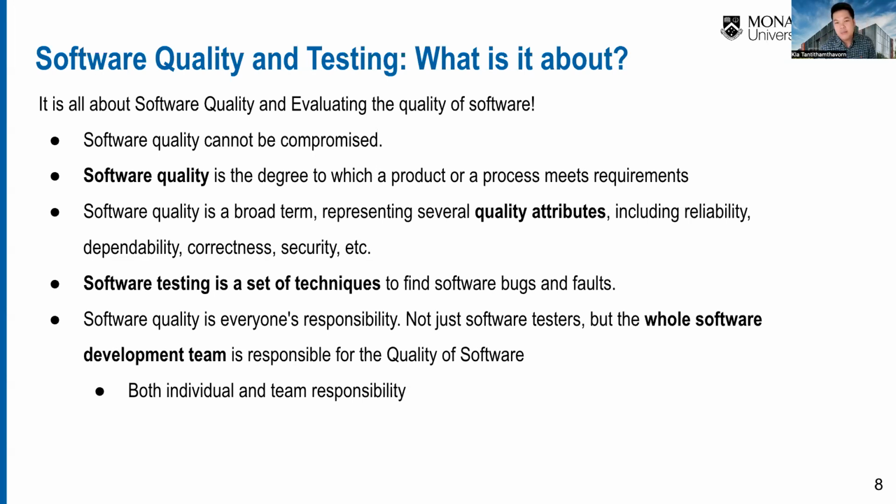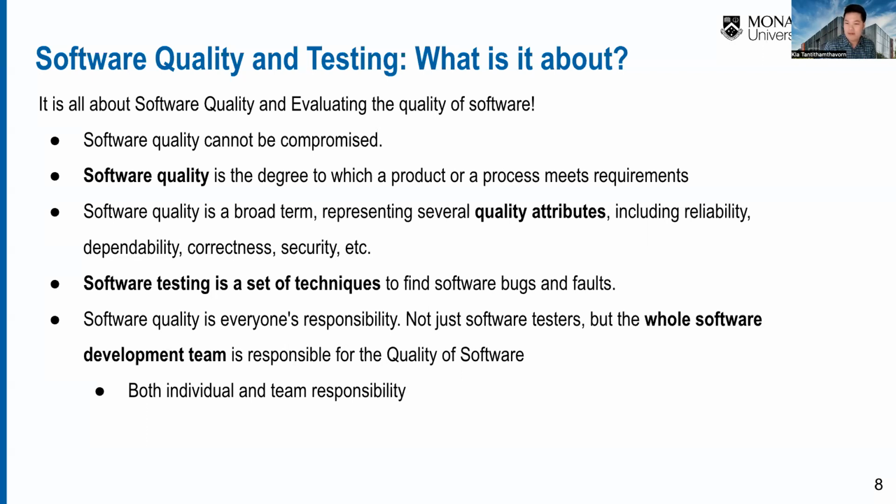Because we want to ensure whether the product or software is of high quality or not, we need software testing techniques to ensure that the product meets the quality and the requirements. Software testing is the techniques or tools to find bugs and faults. Software quality is everyone's responsibility.